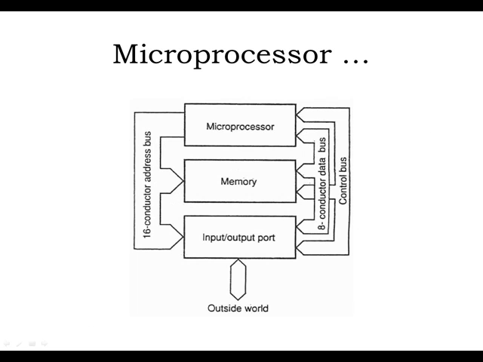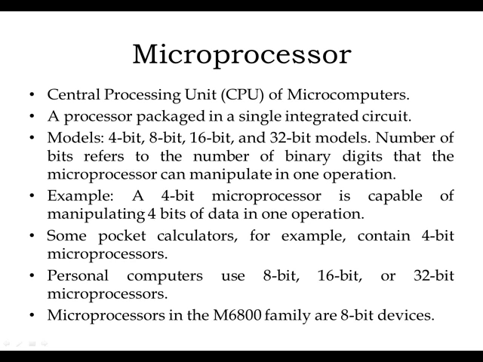Now, the family of the microprocessor we'll be talking about in this class is M6800. That is a name given by Motorola. So that is the name of the family of the microprocessor, because they did not only build this microprocessor, they built several other microprocessors which are pretty much similar, and the reason they belong to the same family is because they pretty much have the same list of instructions.